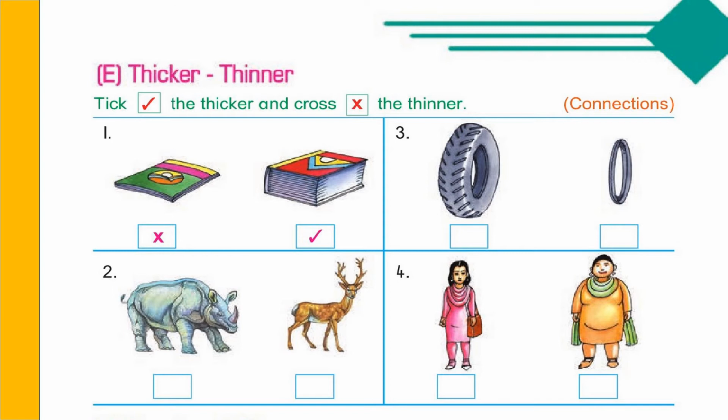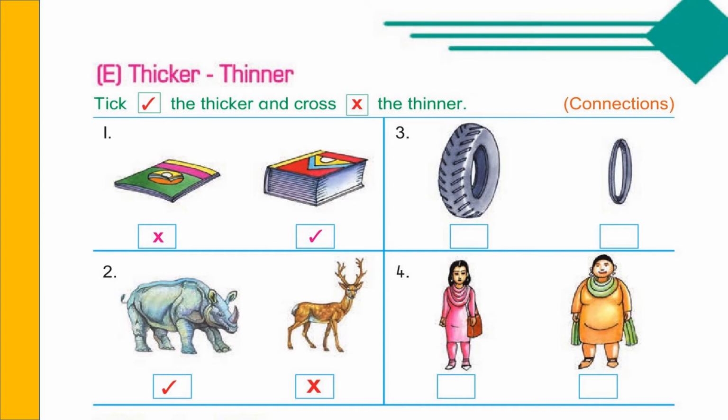Let's go to the second question. It is rhinoceros and the deer. Deer is much thinner than rhino. Rhino is fat and thick, right? So I give a tick mark for rhino and a cross for the deer. Now going to the third question, it is the tires.